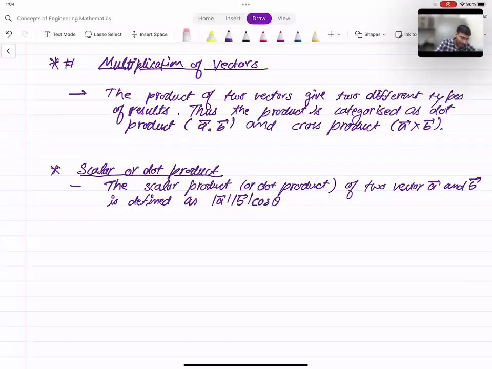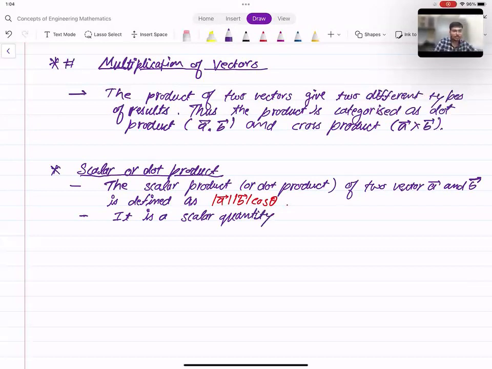Let me use a different color, so this will be much more clear. So this is magnitude of vector A multiplied by magnitude of vector B multiplied by the cosine of angle between them. And it is a scalar quantity, which means it will only have the magnitude and will not have the direction.